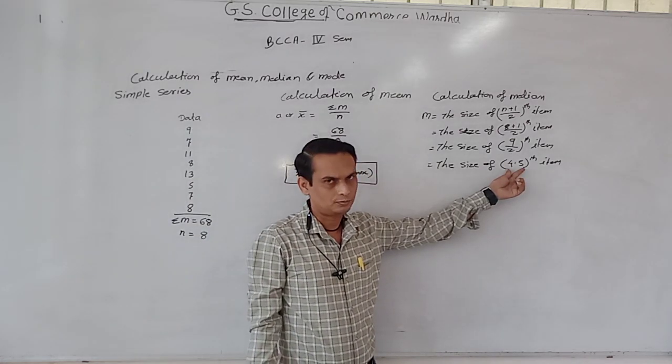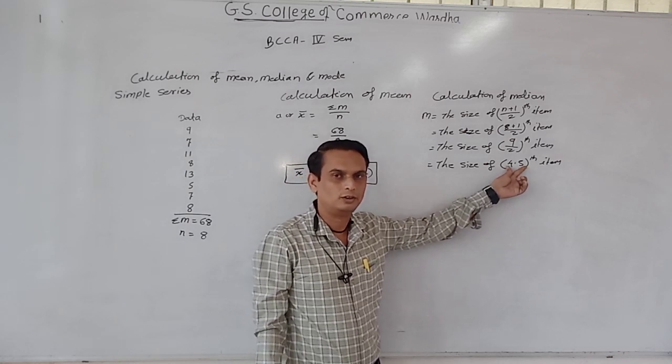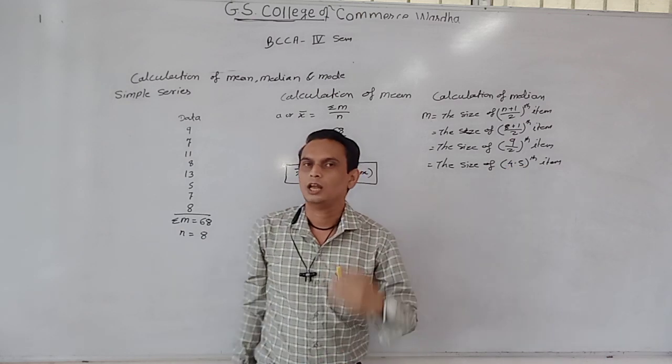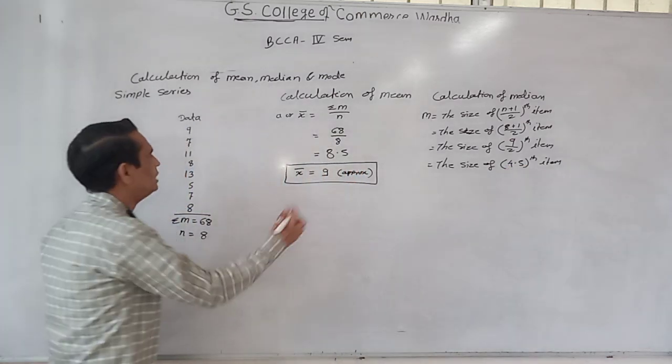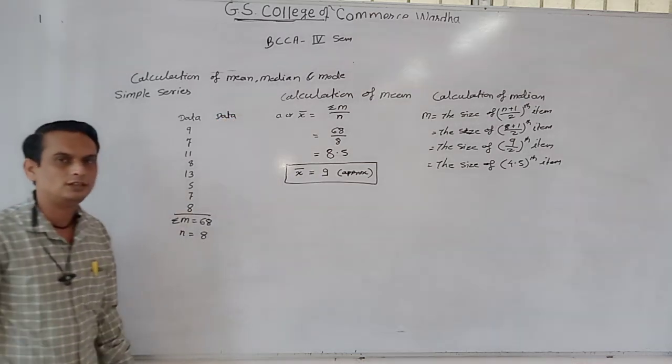In the last lecture session we calculated the median and got a whole value, meaning we didn't have a decimal point. For that we need to rearrange the data in ascending order.